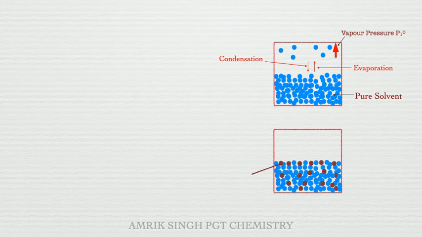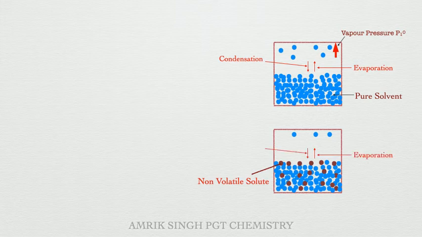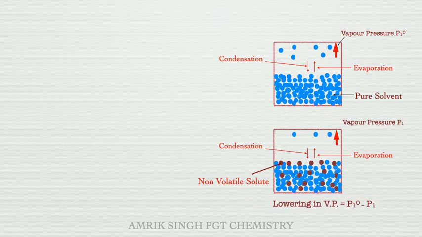A lesser number of solvent molecules will go to the gaseous state, and the molecules coming from the gaseous state to the liquid state will also be lesser, and hence at equilibrium the pressure of vapors will also be lesser. Vapor pressure of solvent in a solution is represented by P1. Now the lowering in vapor pressure will be P1 naught minus P1.